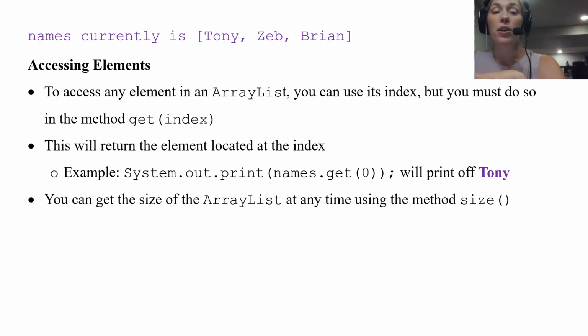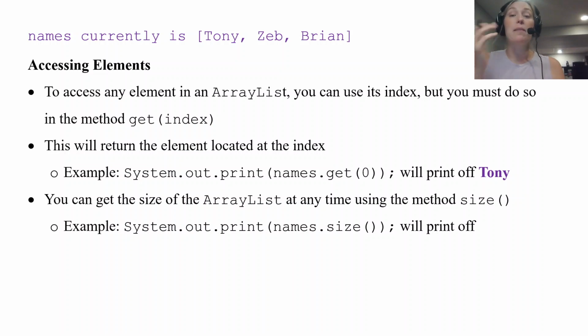The other piece of information you can get from the array list is its size. Size returns the length of an array list at any given time, and it's a method that accepts no parameters. So names.size currently will print off a 3 because there are 3 elements in names.